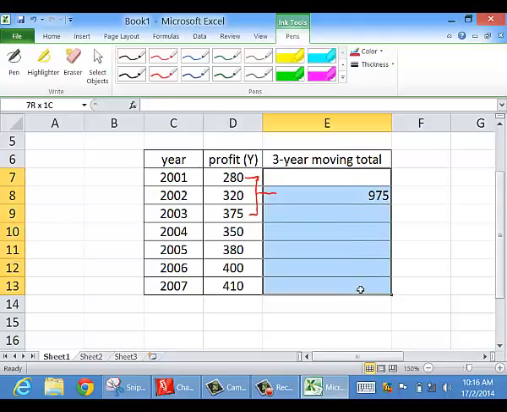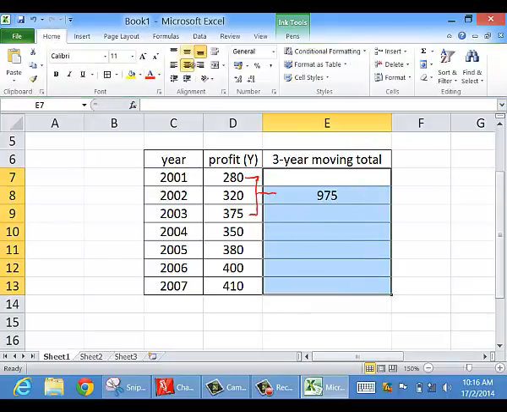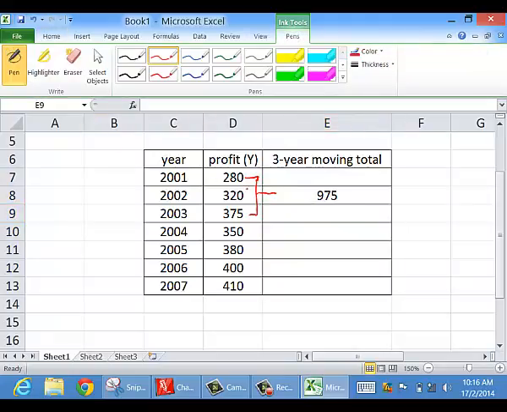This is the value for the moving total. Next, after 280, you move down to the next row: 320 plus 375 plus 350. This is for 3 years, which means you combine all 3 years' values. This equals 1045.